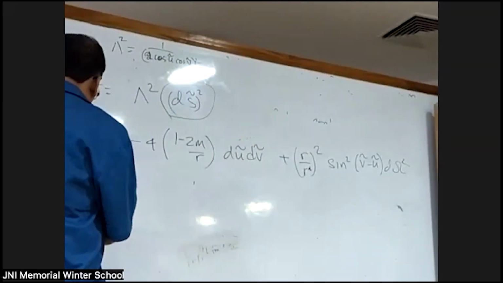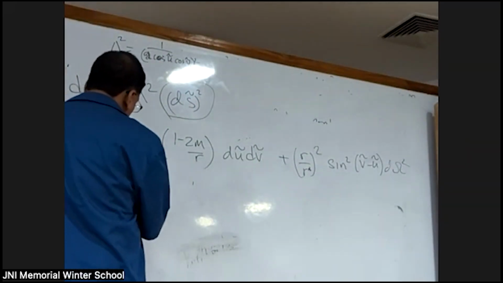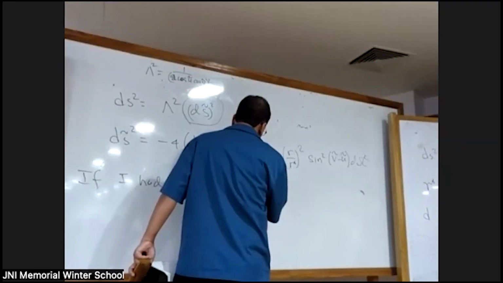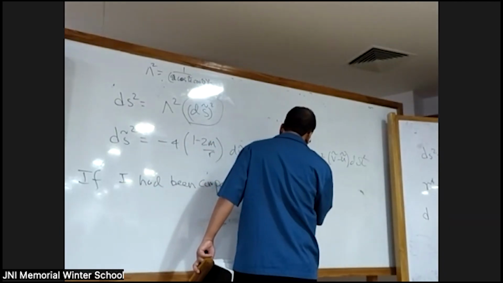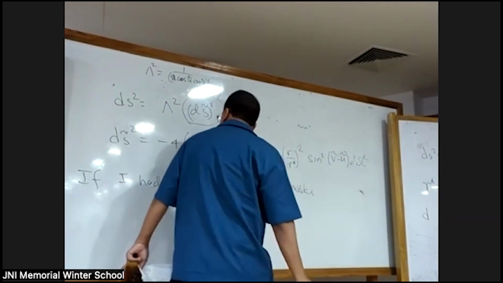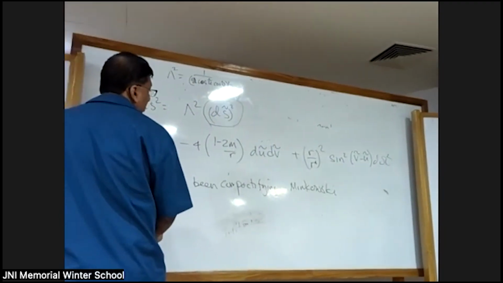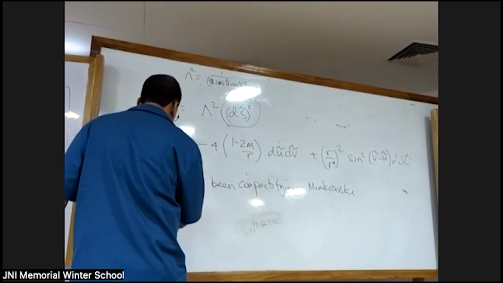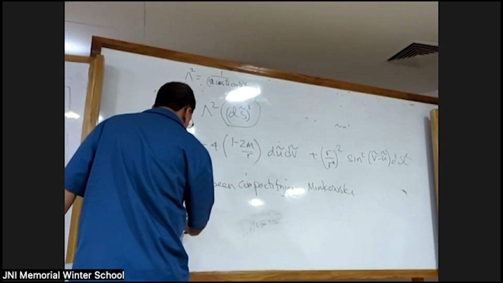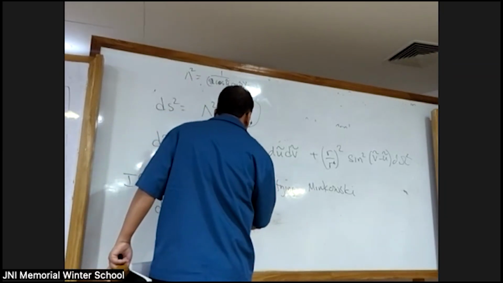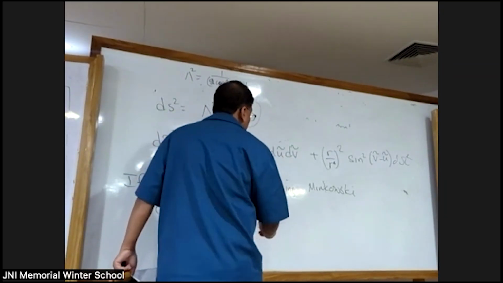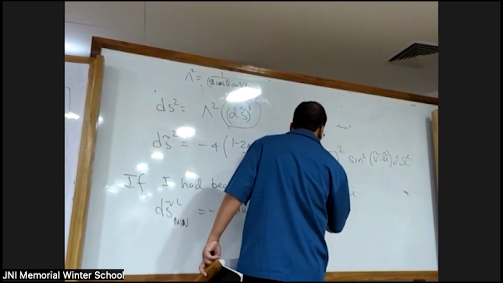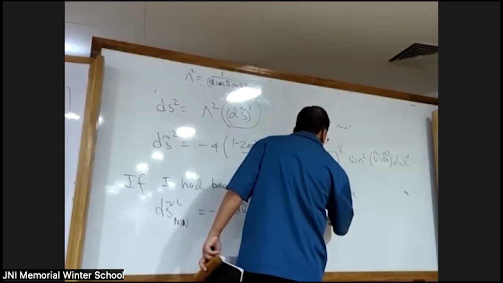So for Minkowski, ds squared is minus 4 du tilde dv tilde plus sine squared of (v tilde minus u tilde) d omega squared.